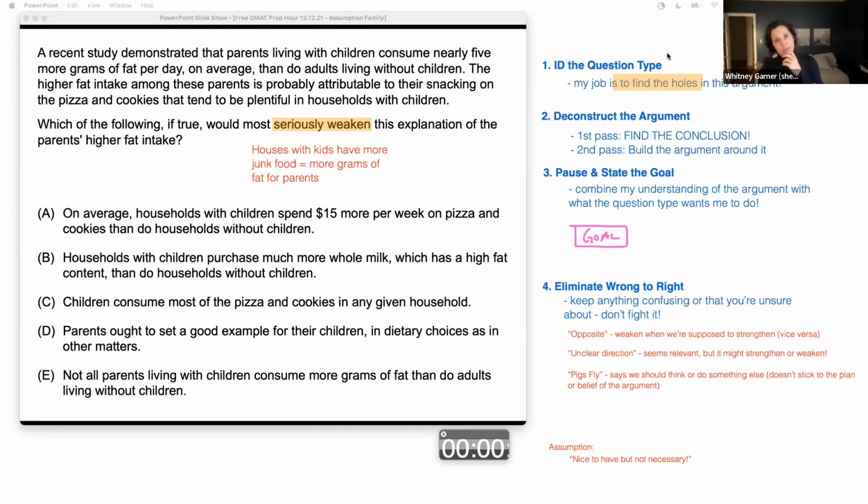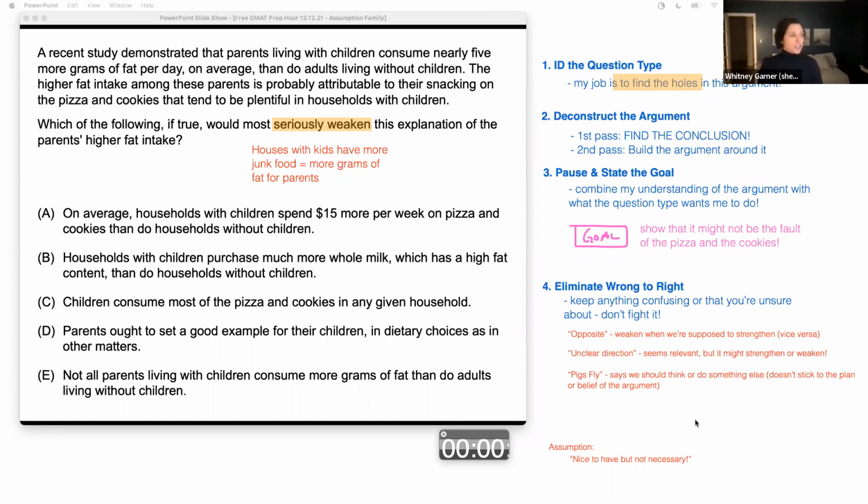I can't take issue with that because that's a fact. What I am going to take issue with is that it's the pizza and the cookies. So my goal here is to show that it might not be the fault of the pizza and the cookies. It might be something else.